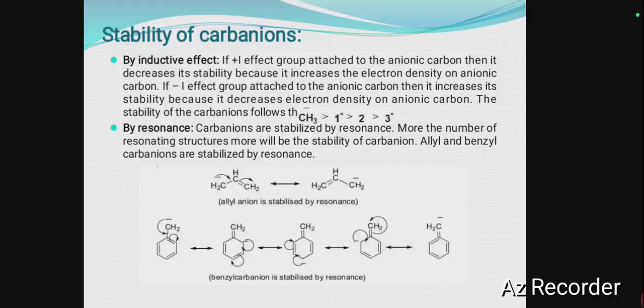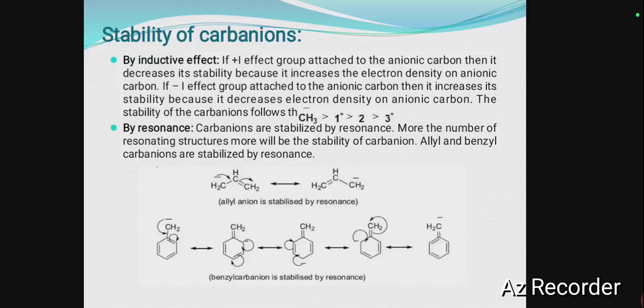What happens in case of carbocations? If the number of alkyl groups increases, the stability of the carbocation goes on increasing. But here, if the alkyl group or the positive inductive group increases, the stability goes on decreasing, because it increases the electron density on the anionic carbon.